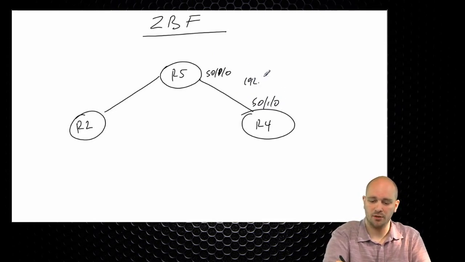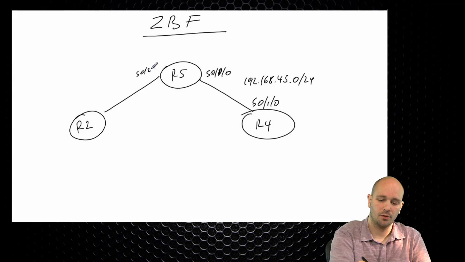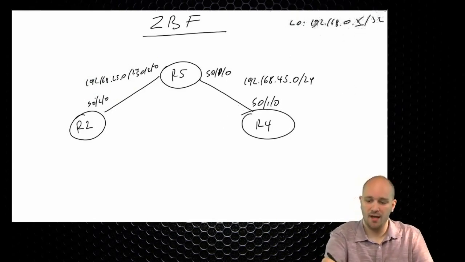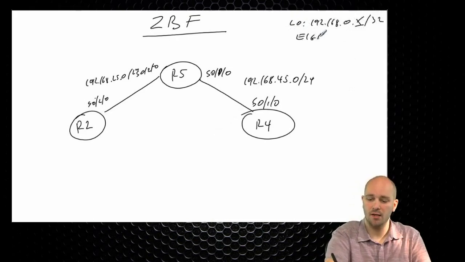The network is 192.168.45.0/24. And here I have serial 0/2/0, and the network is 192.168.25.0/24. All my routers will have a loopback interface 192.168.x.x/32, where x is 245, and I'm going to be running EIGRP 254 on them.